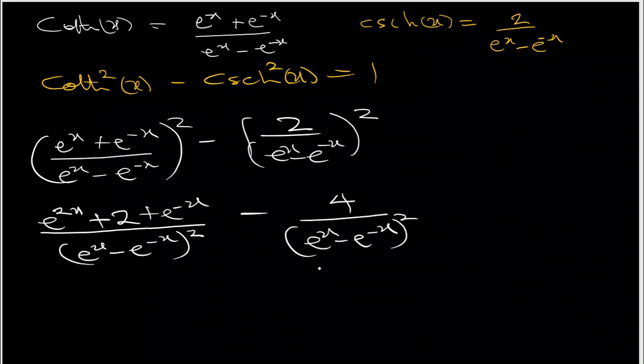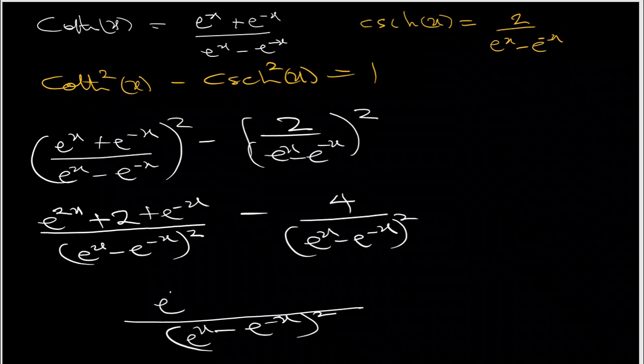The LCM is the same thing. So we are going to pick e power x minus e power minus x all squared. Then we are going to have e power 2x plus 2 plus e power negative 2x minus 4.